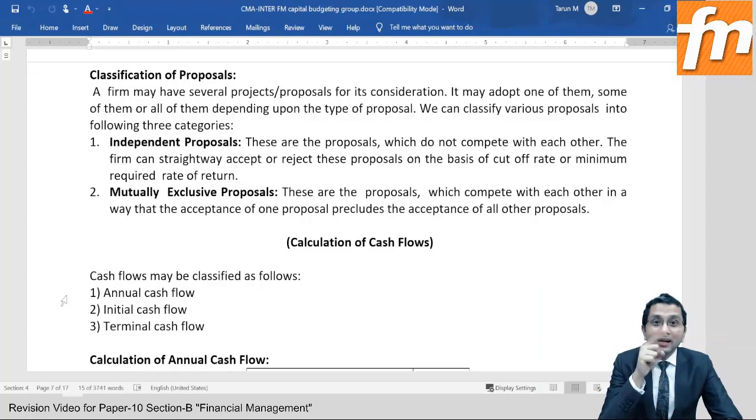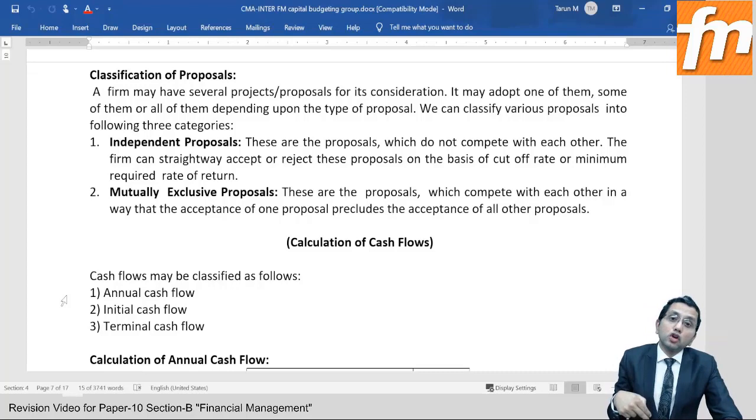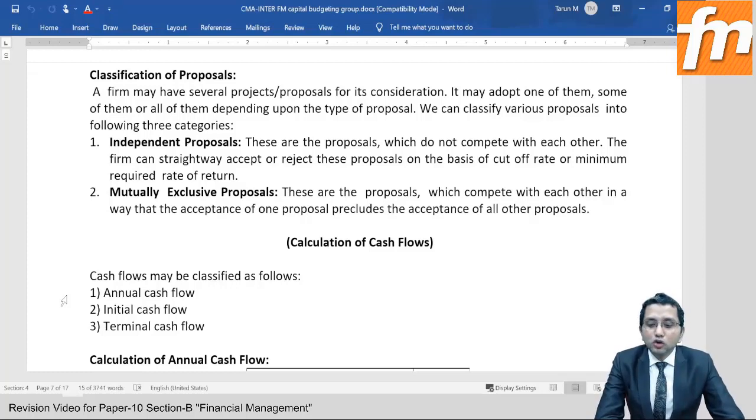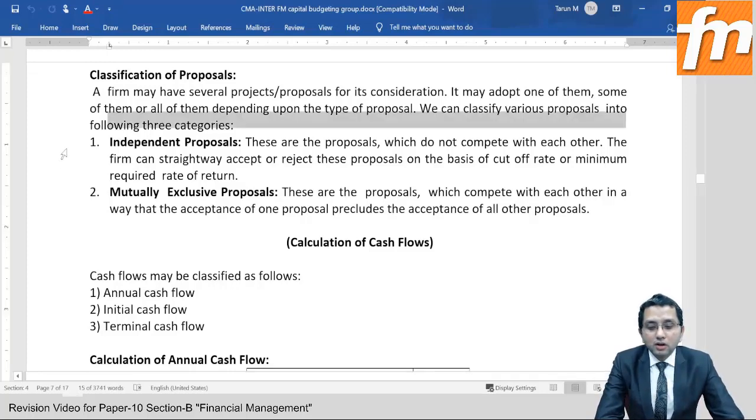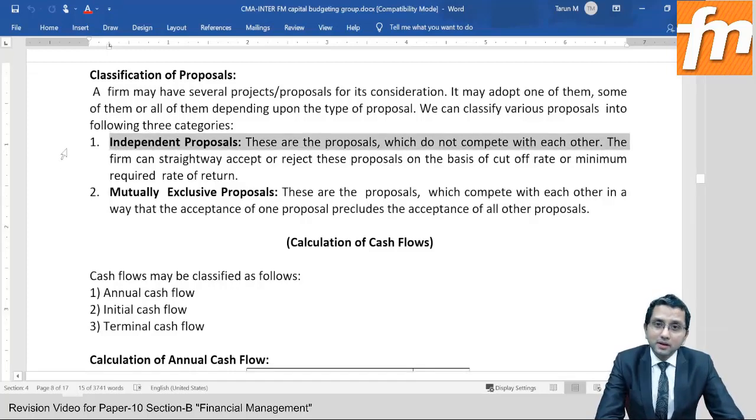We are independent of each other. One who crosses the cutoff level of 50% will be declared pass. So if a proposal is not dependent on other proposals, it is called an independent proposal, and the decision taken in this case is based on some cutoff, some threshold point.